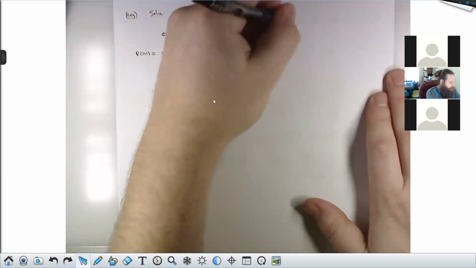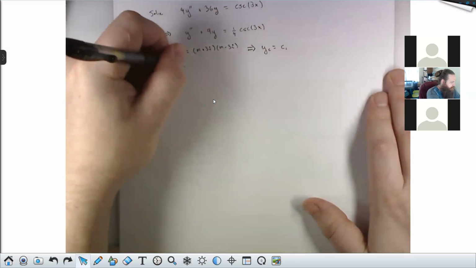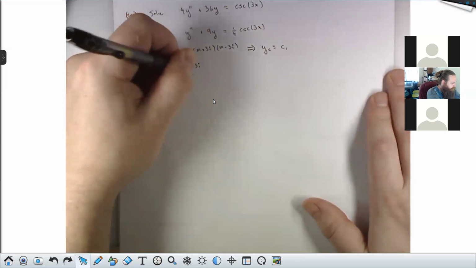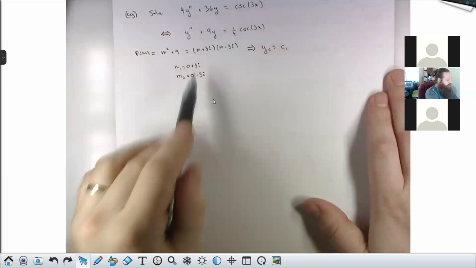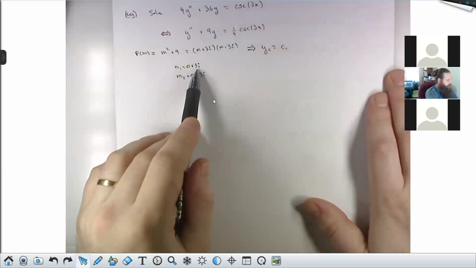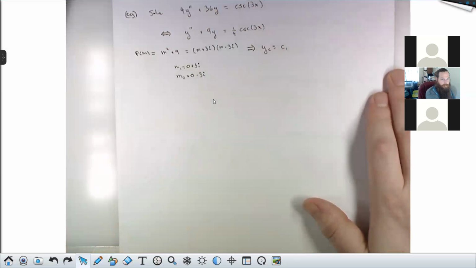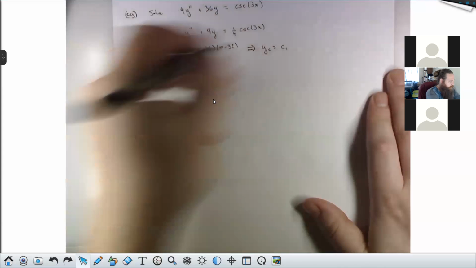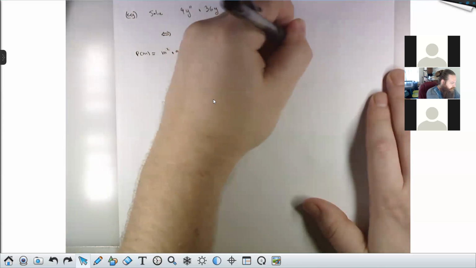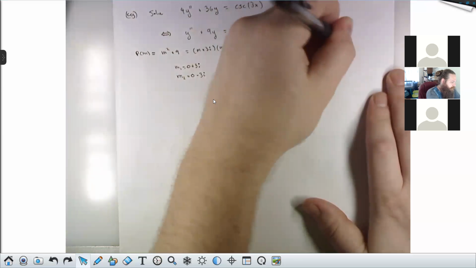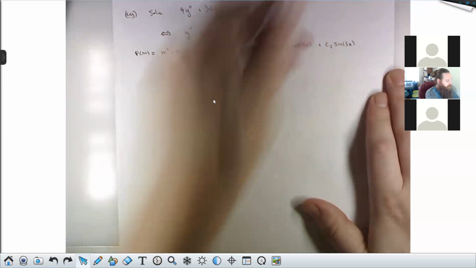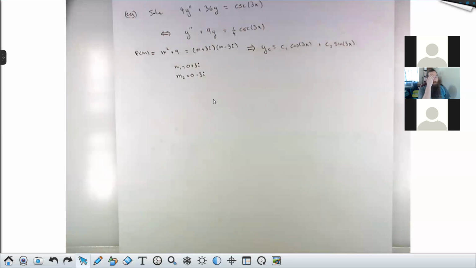I should say m1 is 0 plus 3i, and m2 is 0 minus 3i. So there's like e to the 0x cos 3x, e to the 0x sine 3x, and that's just cos 3x and sine 3x. So C1 cos 3x plus C2 sine 3x. That's your complementary solution.